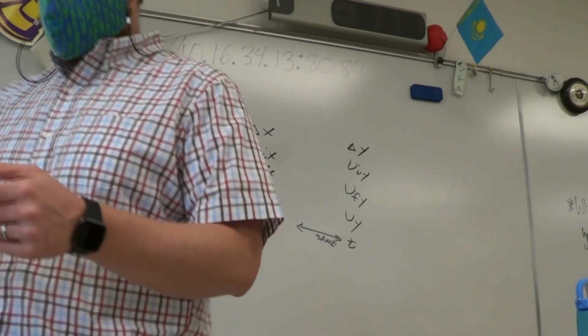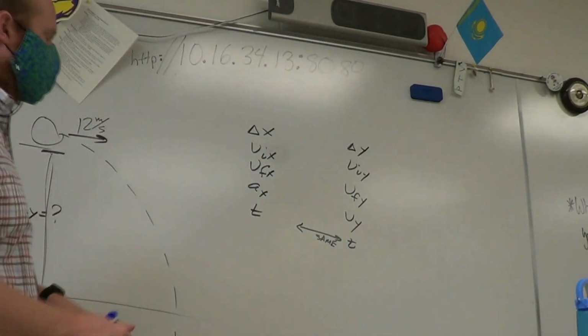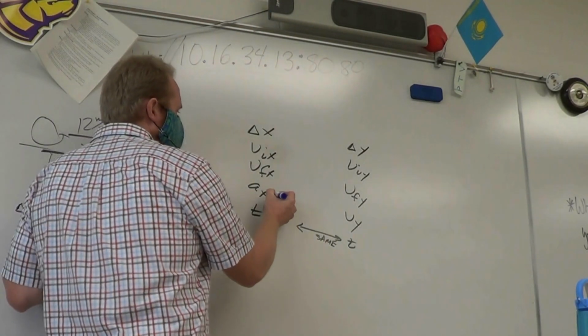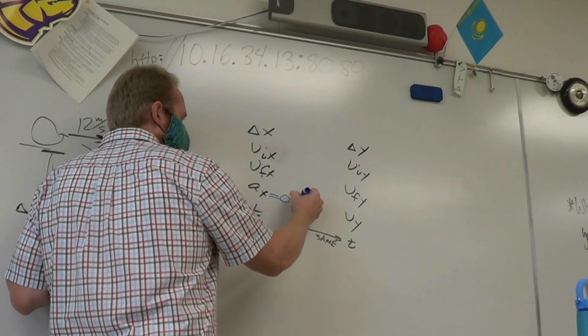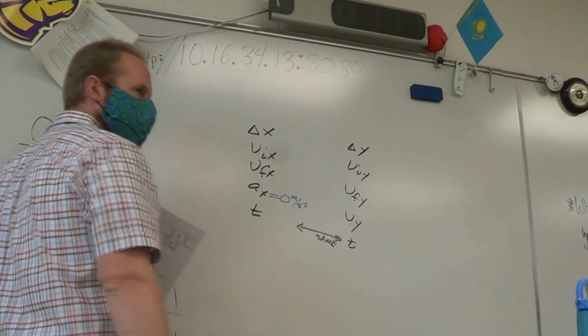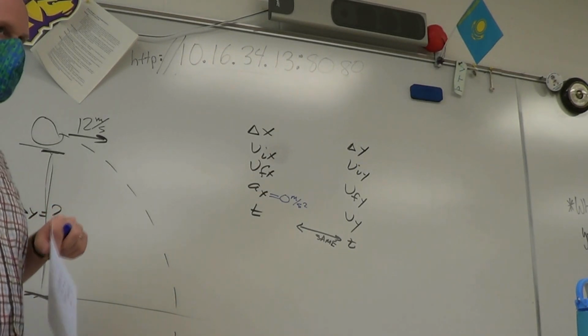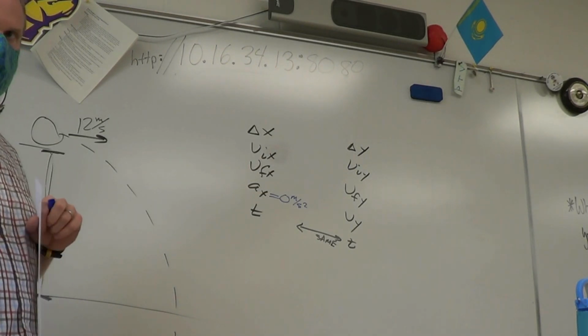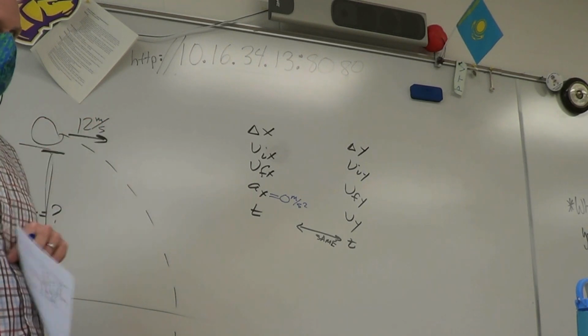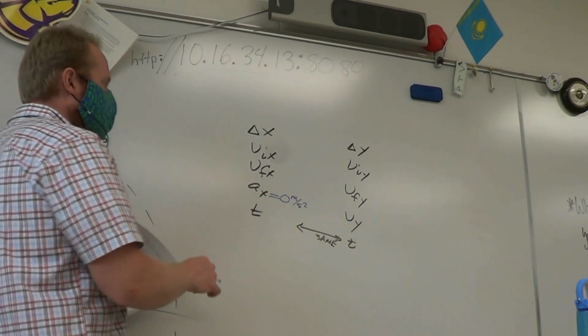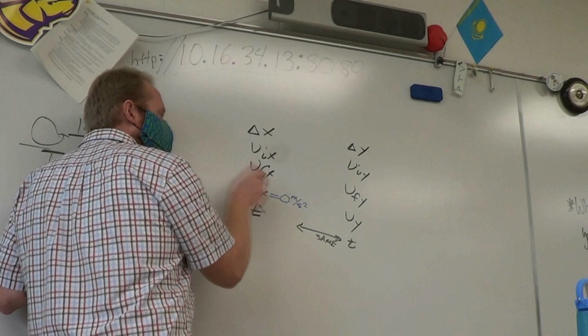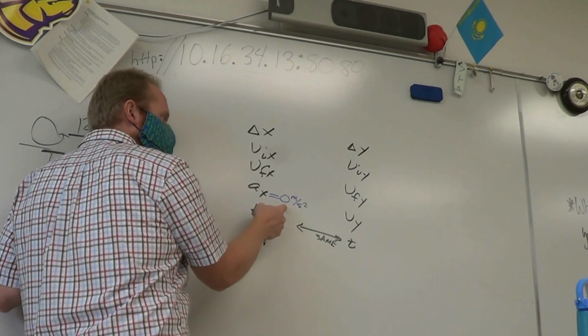Because it's a projectile motion problem, in the X direction my acceleration is 0 meters per second squared. Because what force is acting on the rock once it leaves the bridge and is kicked off the woman's foot? Nothing. Absence of air resistance. What's true about my velocities if my acceleration is 0?